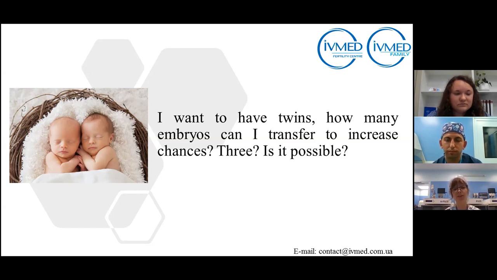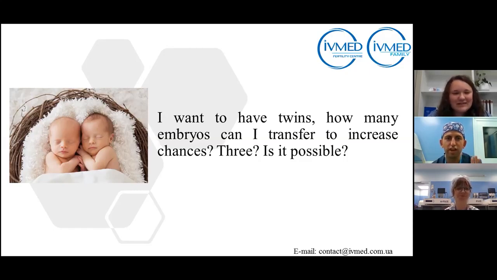But from the other side, please keep in mind that twins is not only very cute photos, it is also the risk of maternal and antenatal complications. So there's a reason why we usually have single pregnancies. Anyway, good luck.